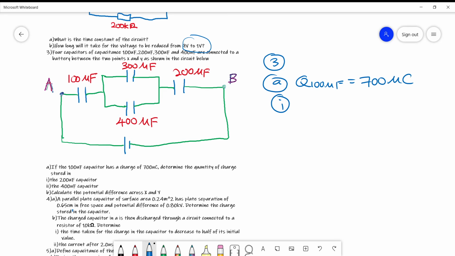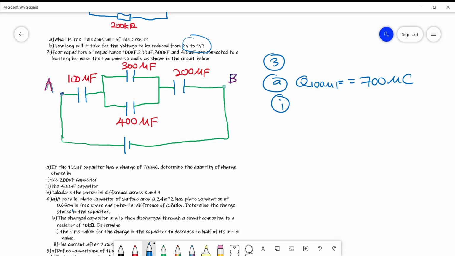We can see that the 100 microfarad and 200 microfarad capacitors are arranged in series, not parallel, sorry.